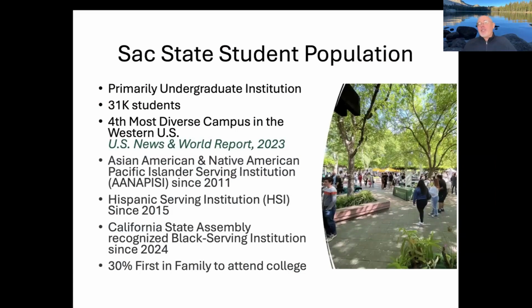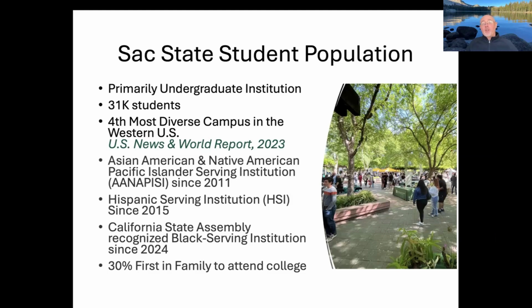A little bit about our student population. I am at a primarily undergraduate institution. We have over 31,000 students, and we are one of the most diverse campuses in the whole nation, but also the fourth most diverse in the Western US.